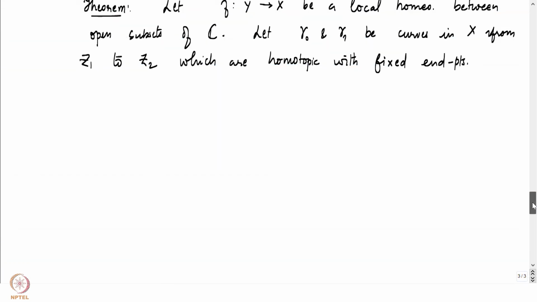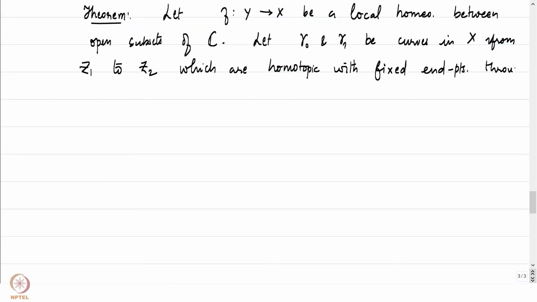Let's also tell what the homotopy is through the map, say H, which is from [0, 1] cross [a, b] into capital X.